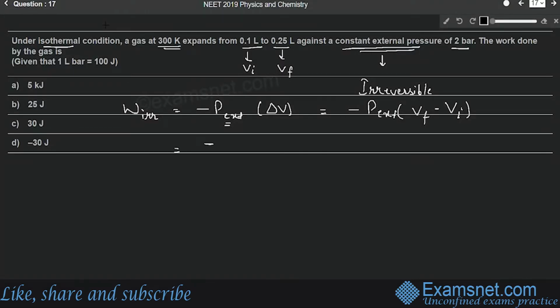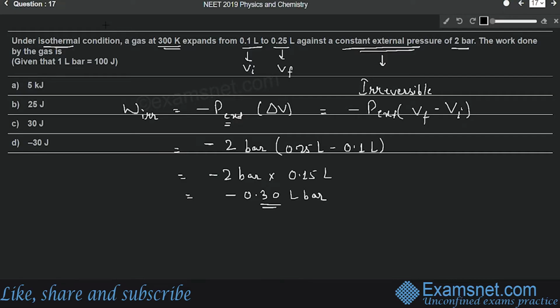External pressure is given as 2 bar, final volume is 0.25 liter, initial volume is 0.1 liter. So here we'll get minus 2 bar into 0.15 liter. On multiplying this, we'll get minus 0.30 liter bar, or bar liter, both are the same.